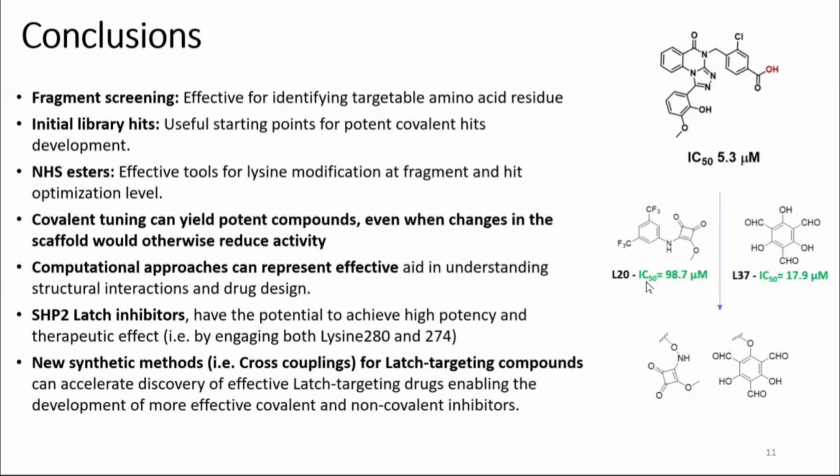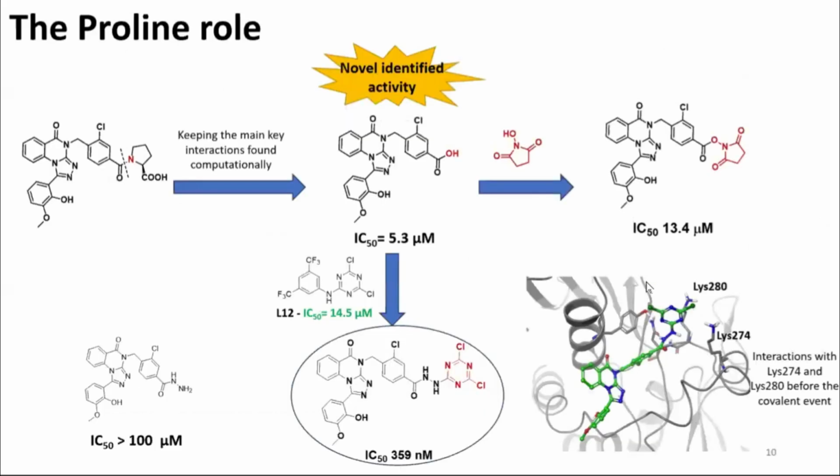Thank you. A question for you also, because you have the Latch site and the tunnel site. Why not an allosteric inhibitor which tackles both sites? This is possible, in my opinion, and maybe a good strategy. You mean one compound that could tackle both?